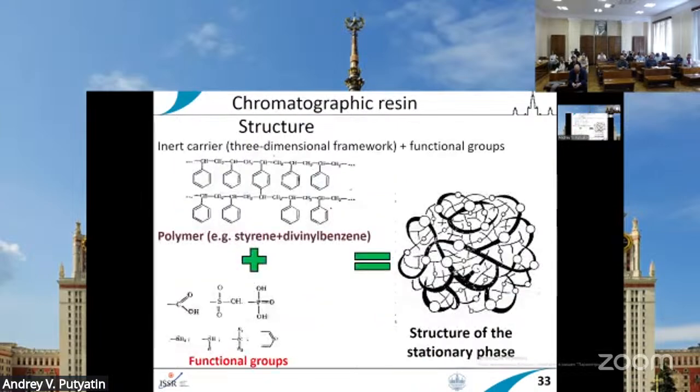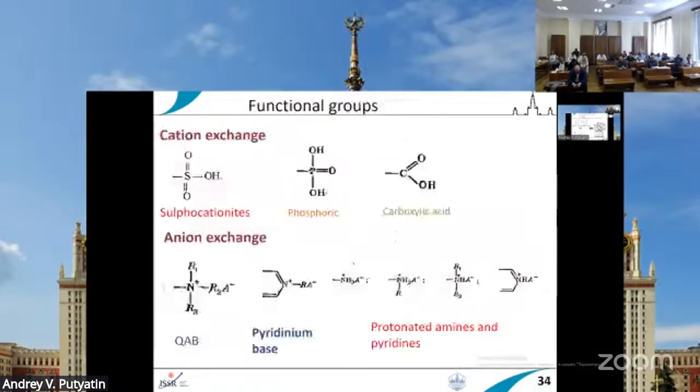And their structure has two parts. The first part is the inert carrier matrix, in which we put different functional groups. And depending on the nature of such functional groups, their way of connection is very different.